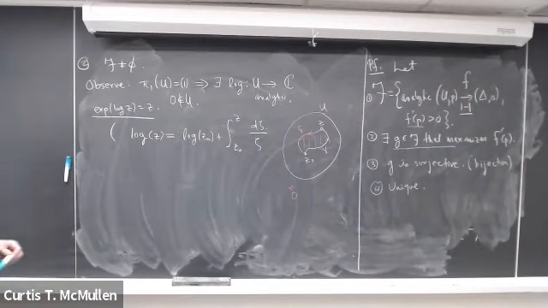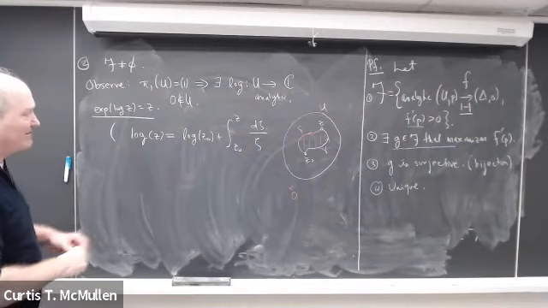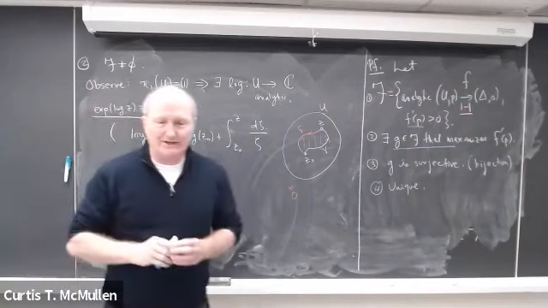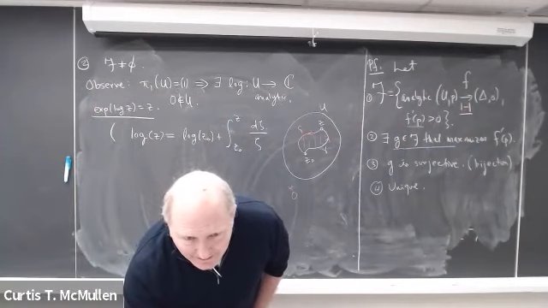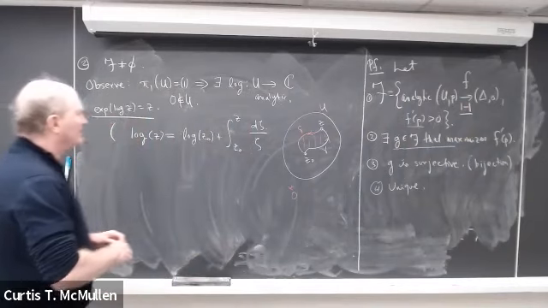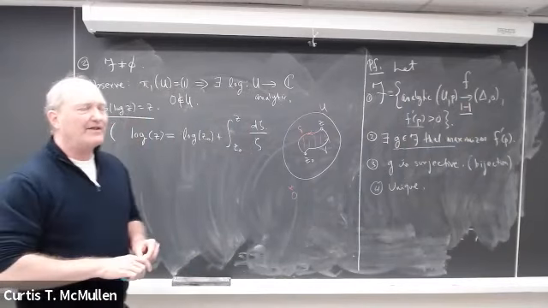Okay, so that's the first step in the proof, is to observe that there's a logarithm on any simply connected region. And we're going to use this fact more than once. Now, what good is the logarithm? The logarithm is really a proxy for a lot of other functions.